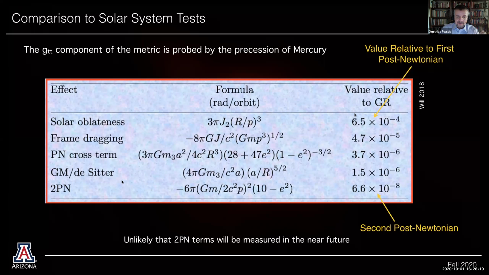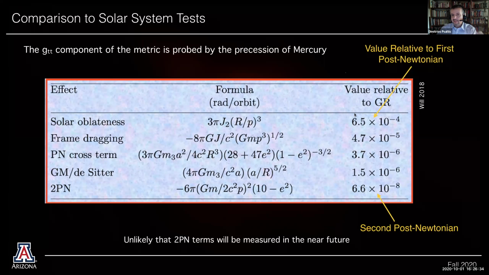And after you correct all of that, you're left with that term that we can probe with the solar system, with black hole shadows, but this is a few parts in 10^-8 smaller than the first post-Newtonian term.